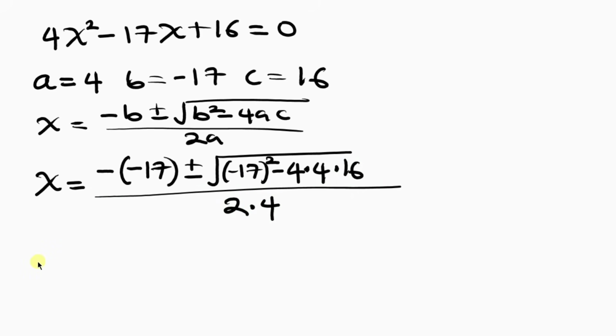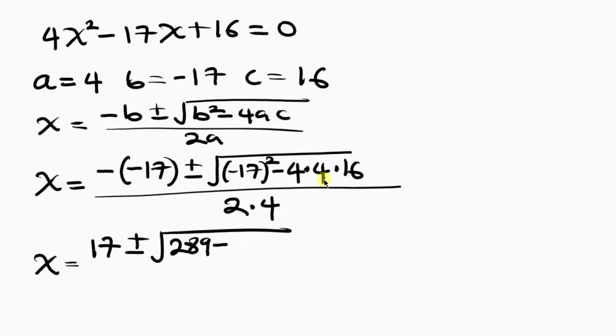So this reduces to x equal to negative times negative is positive, so we're going to be left with 17 here, which is a positive, plus or minus the square root of negative 17 squared gives positive 289 minus 4 times 4 times 16 gives 256, all over 2 times 4, that will be 8.